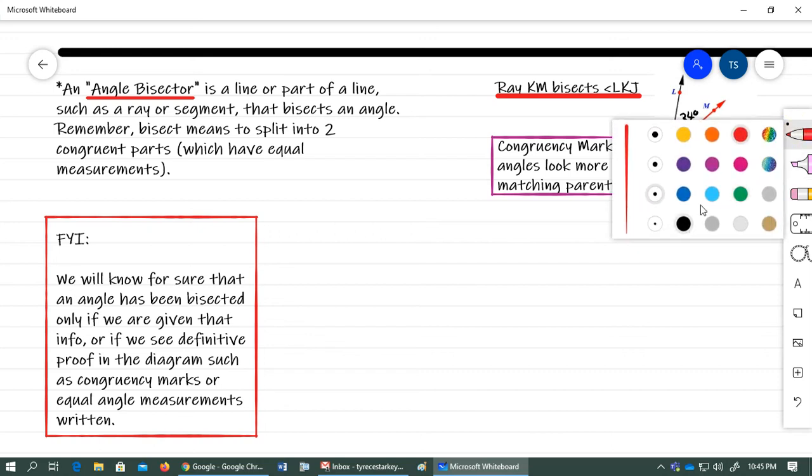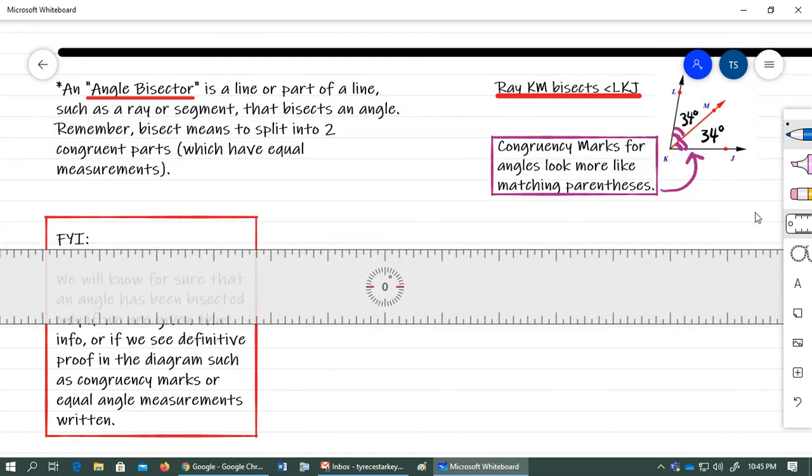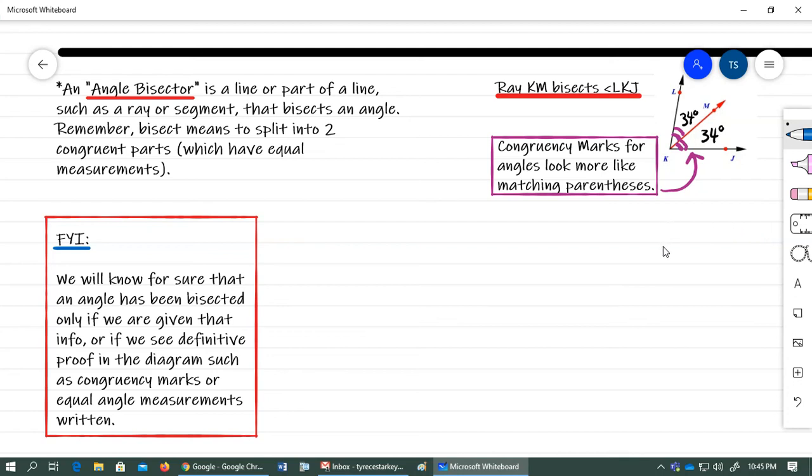Now, guys, here's an FYI for you. Please do not assume that you have an angle bisector just because the diagram might look like an angle has been split into two congruent parts. You will only know for sure that an angle has been bisected if you are given that information.